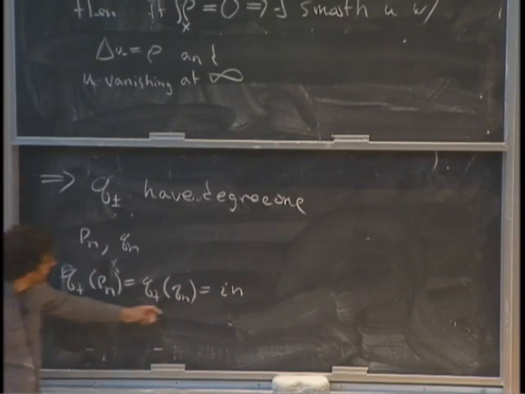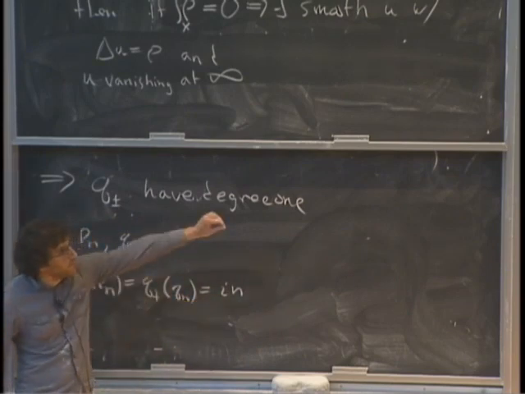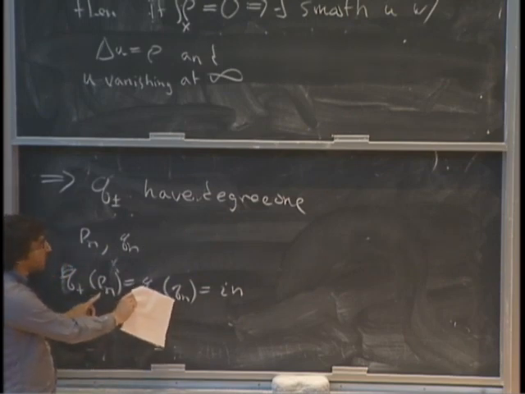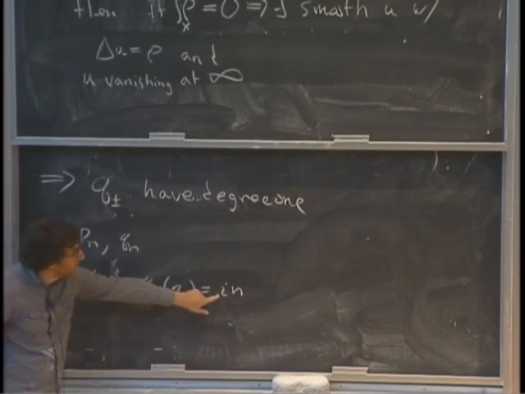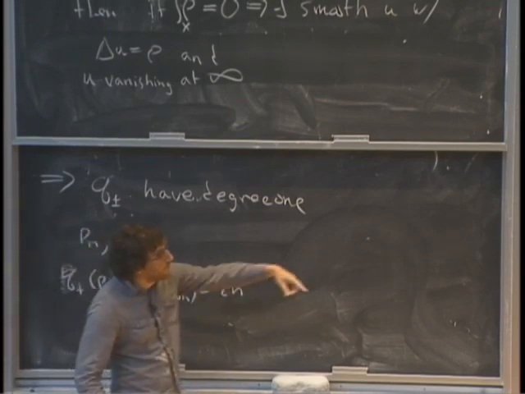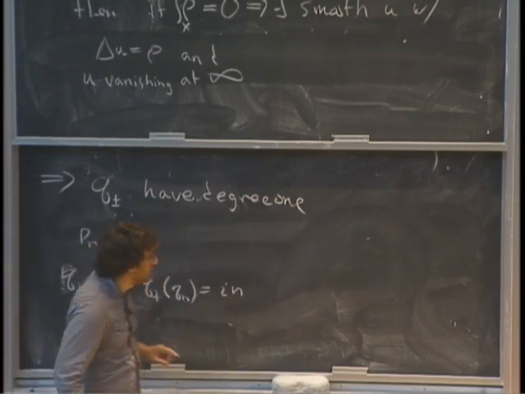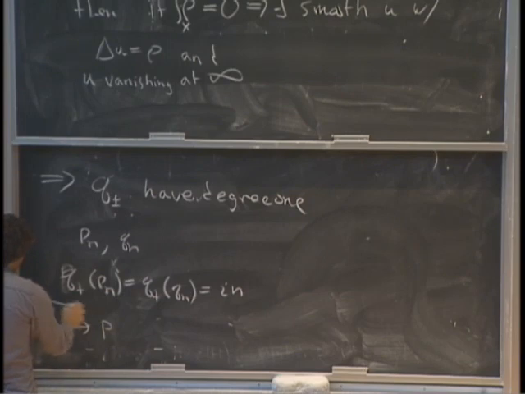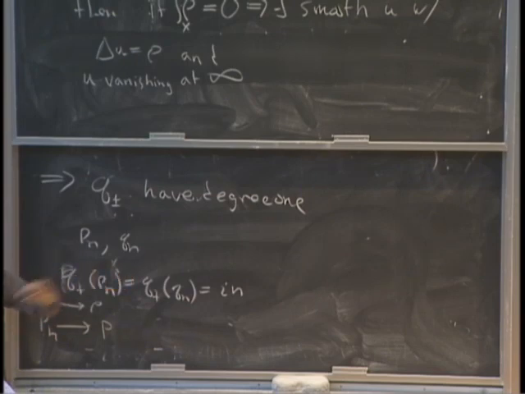So these points in the sphere are supposed to converge to the point at infinity, but at the same time, because the Q's are very positive and imaginary, they're staying away from infinity in X. So you should argue that the Pn's converge to P, and the Qn's converge to P. And so if these guys are distinct, that violates the local injectivity.